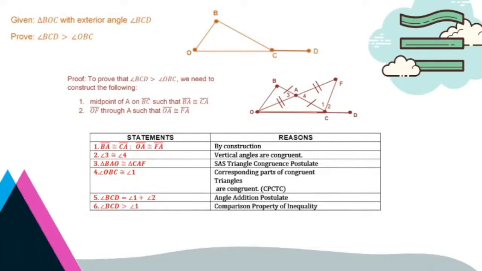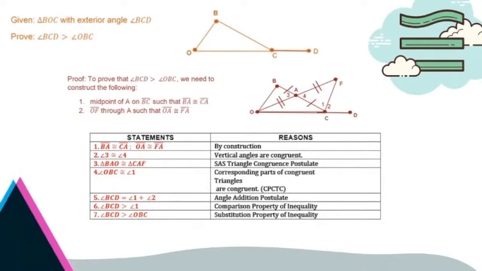Number 6, angle BCD is greater than angle 1 and the reason is comparison property of inequality. And number 7, we now prove that angle BCD is greater than angle OBC and the reason is substitution property of inequality.